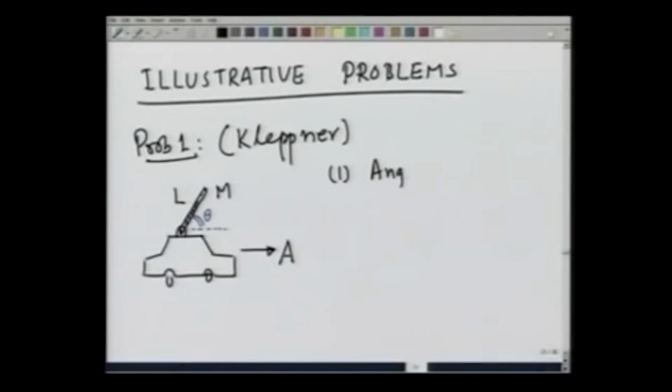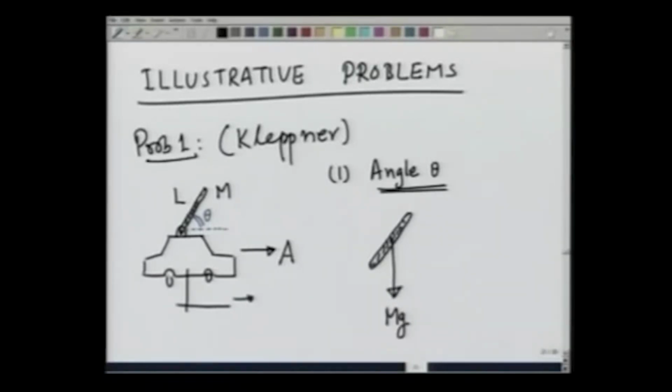So, let us first calculate the angle theta at which the bar is balanced. We have already established that going to a uniformly moving frame makes problems easy. So, we will be solving this problem in a frame which is attached to the car and therefore accelerating to the right with acceleration a. When the rod is in equilibrium in this accelerating frame, it is under the forces of mg.